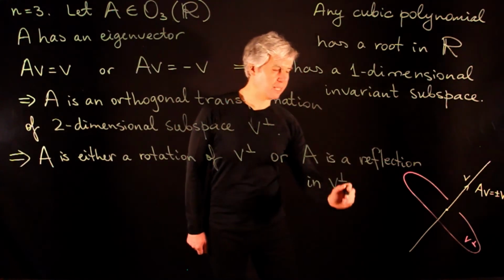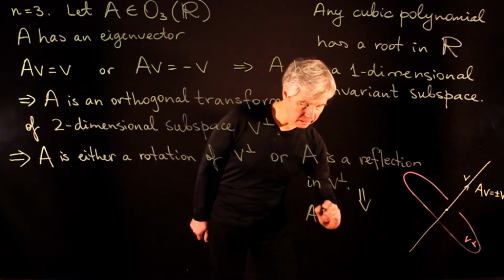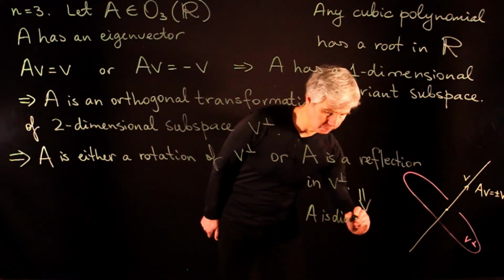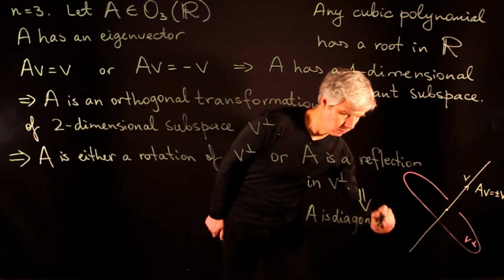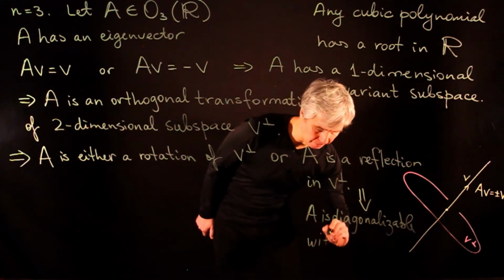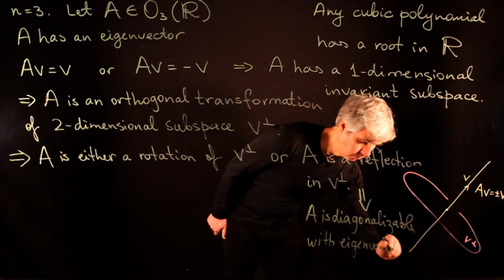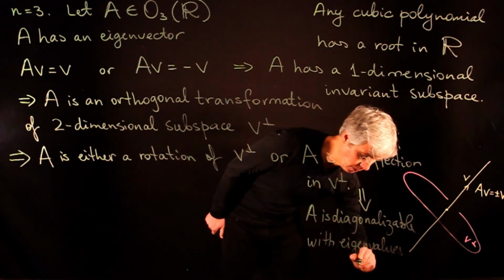But in the latter case, we can see that A is diagonalizable with eigenvalues plus minus 1.